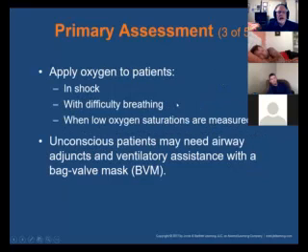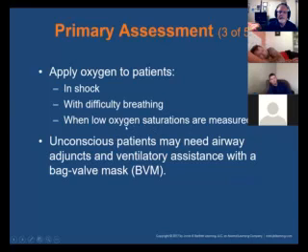Then we're going to deliver oxygen to all patients in shock, all patients with difficulty breathing, and all patients who have a low SpO2. That is the pulse oximeter reading, the little finger clip that gives you a number. Know what that number is and what it means. So we established early on in this course that 94% was our minimum, right?